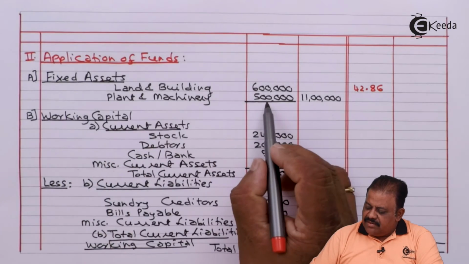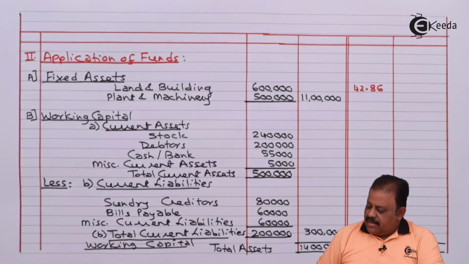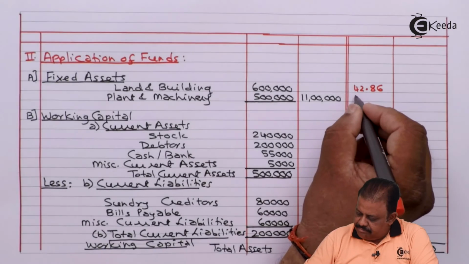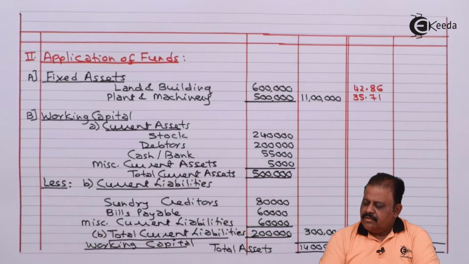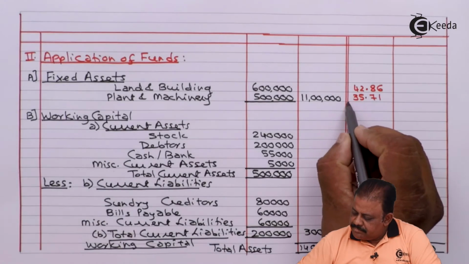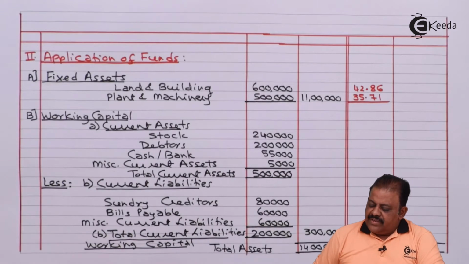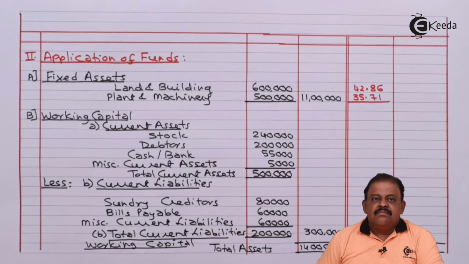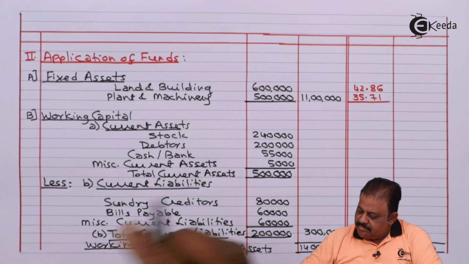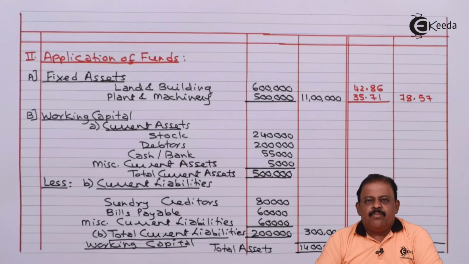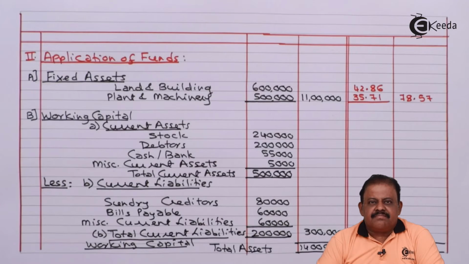Plant and machinery 5 lakhs divided by 14 lakhs multiplied by 100, 35.71%. Total fixed assets 11 lakhs divided by 14 lakhs multiplied by 100, 78.57%.